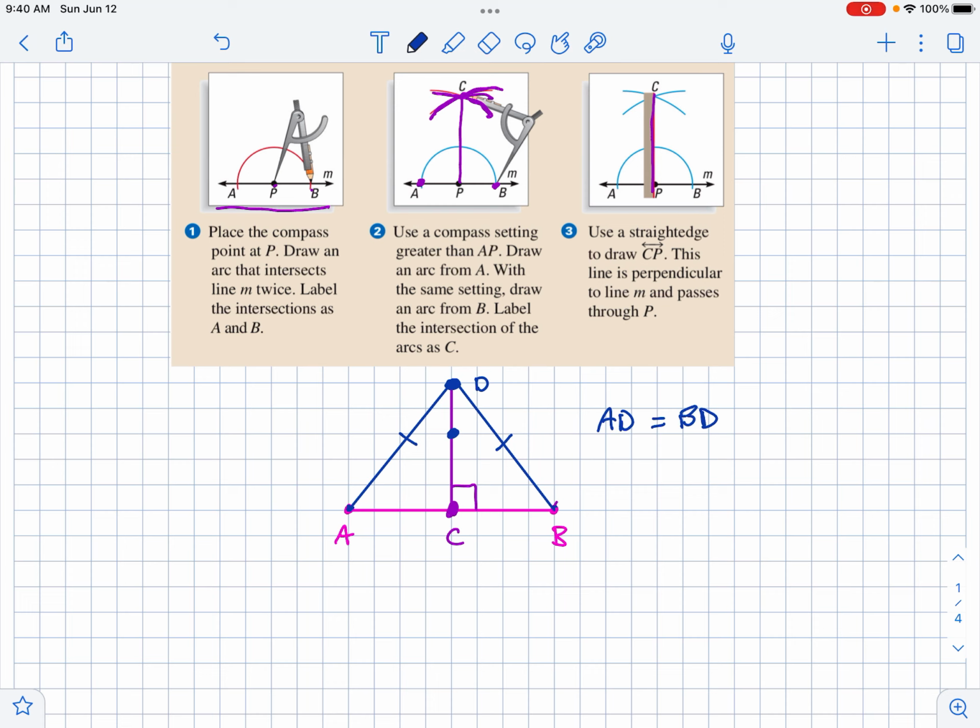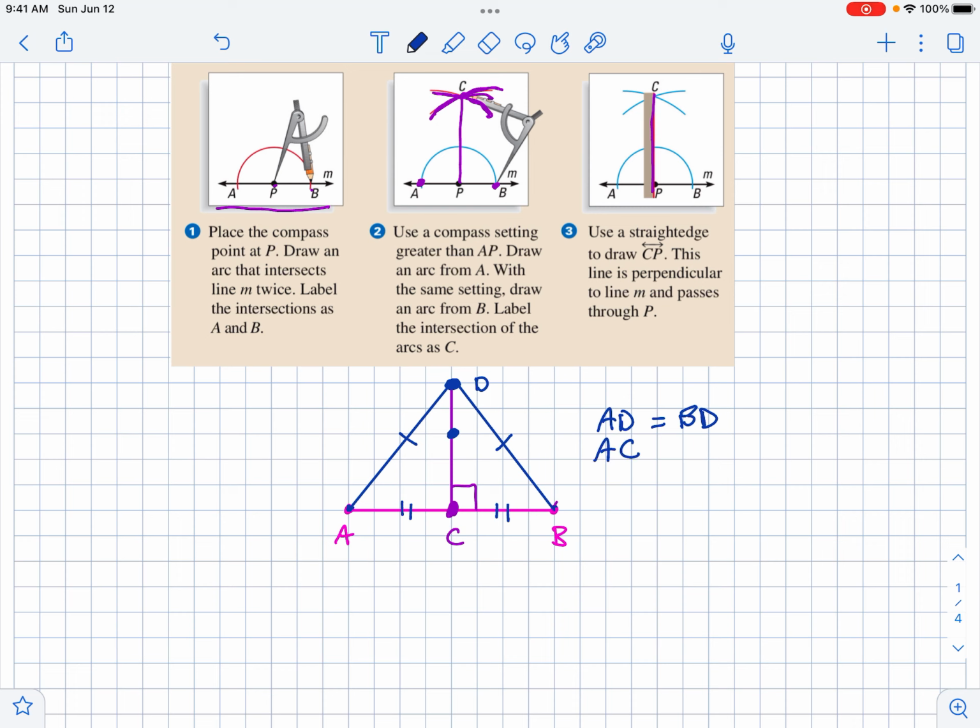So that seems pretty obvious to us. Now, if you think about it, this is only going to happen if you have a point on that perpendicular bisector. Now notice this, that these lines down here are also the same.